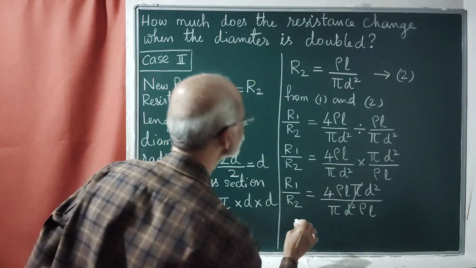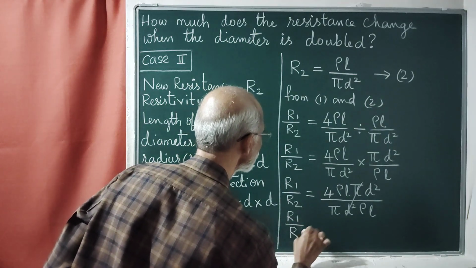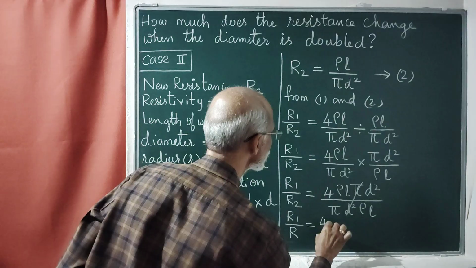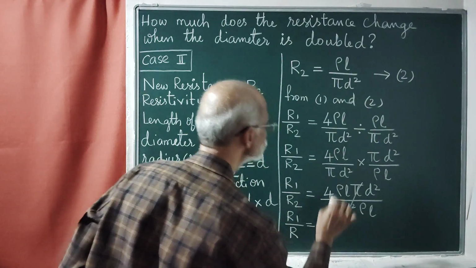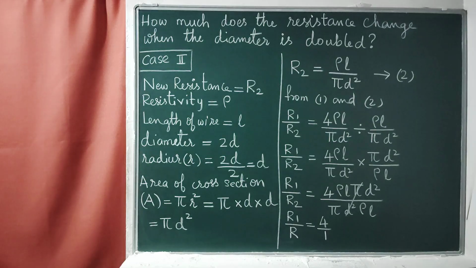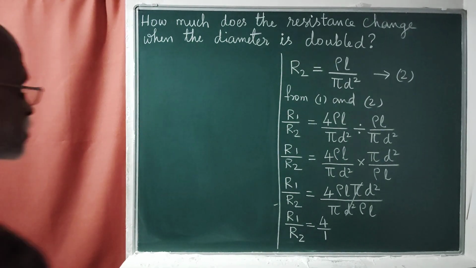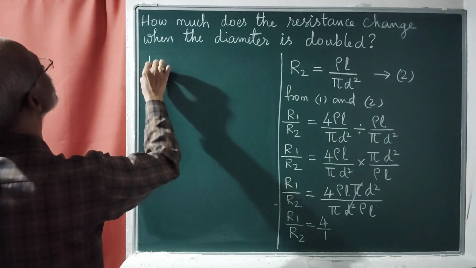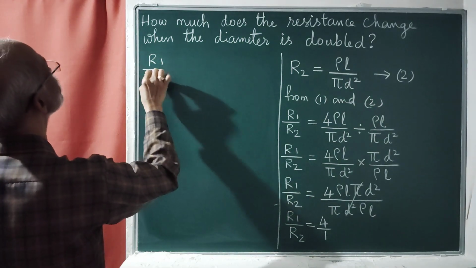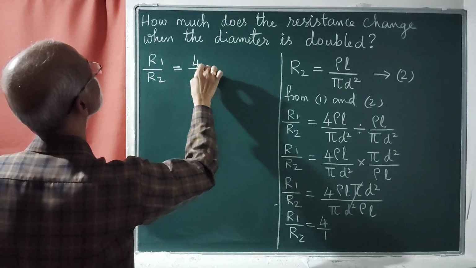So R1 by R2 is equal to 4 by 1. So we got R1 by R2 is equal to 4 by 1.